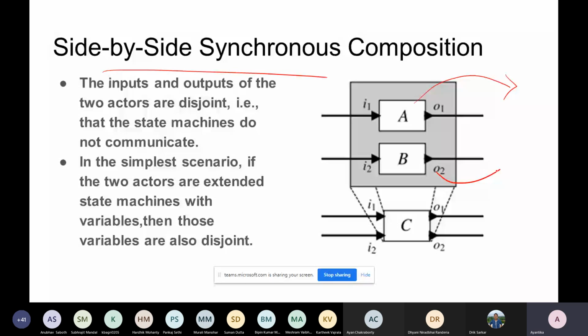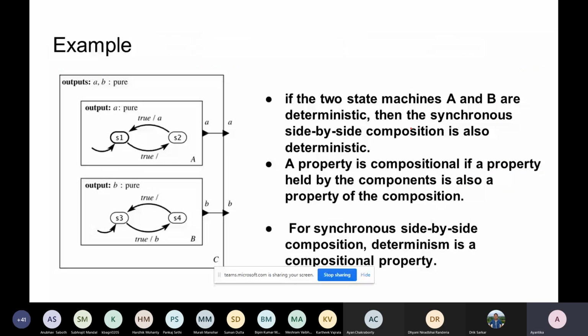Not necessarily that they communicate with each other. They may, or they may not. But the concept is that they are side-by-side synchronous, where simultaneously the outputs of both A and B are important to you, and that is very deterministic. Of course, to make your system deterministic, your subcomponents must be deterministic.